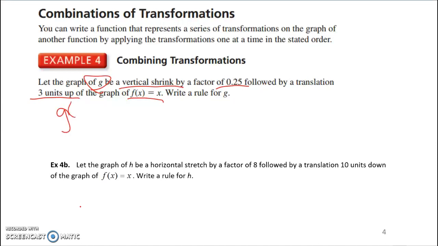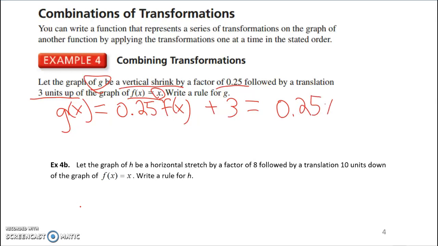So I know that g of x is going to equal a vertical shrink, which would mean multiplying the function by 0.25 times f of x, and then a translation 3 units up, so plus 3 would go after that. So if I just plug in my f of x, I'm going to get 0.25x plus 3.